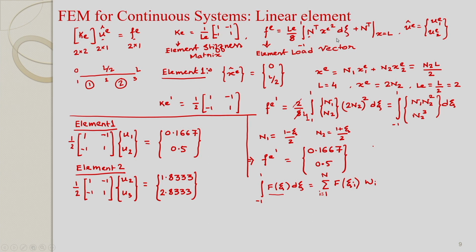Now, because x equal to L is not there in the first element, the contribution of this part is 0 for element 1, but for element 2 we have to calculate this N transpose at x equal to L, which is the second node of the element.